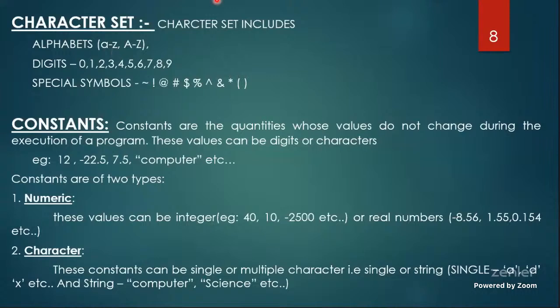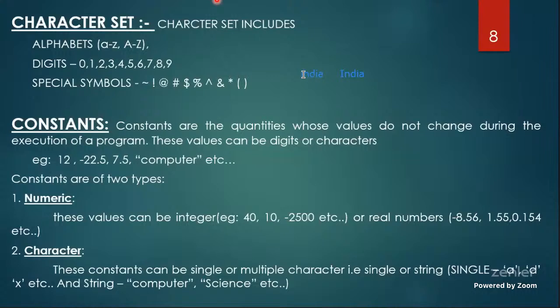It's not the same. Let me show you one example here. Suppose I write India, and I write India again with a capital letter. The meaning is the same, right? I have written India two times. The contents are the same, both have the same meaning, but your system will take these two words differently.